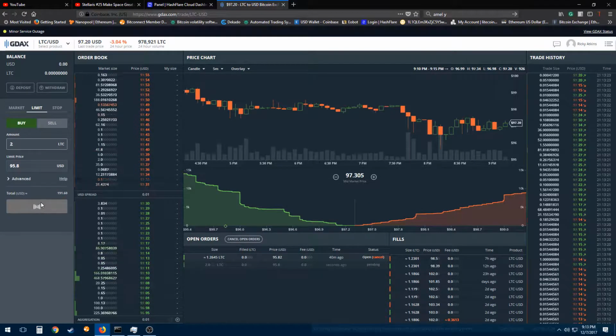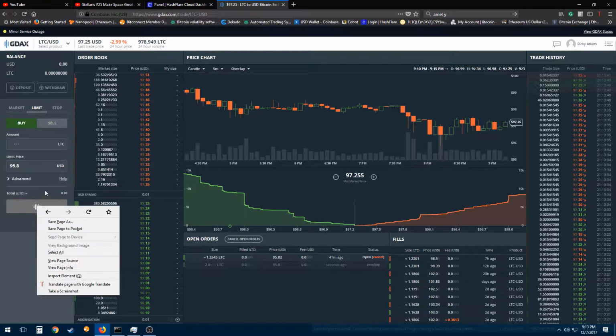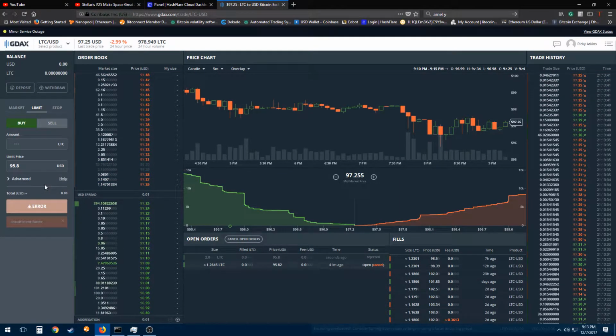Oh shit, no, don't hit enter because now it's going to try to buy. Okay, good. It rejected because I didn't mean to do that.